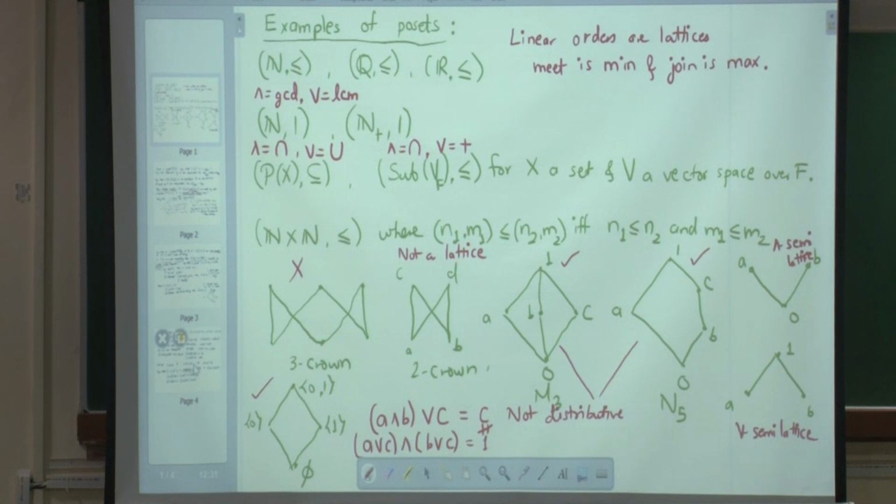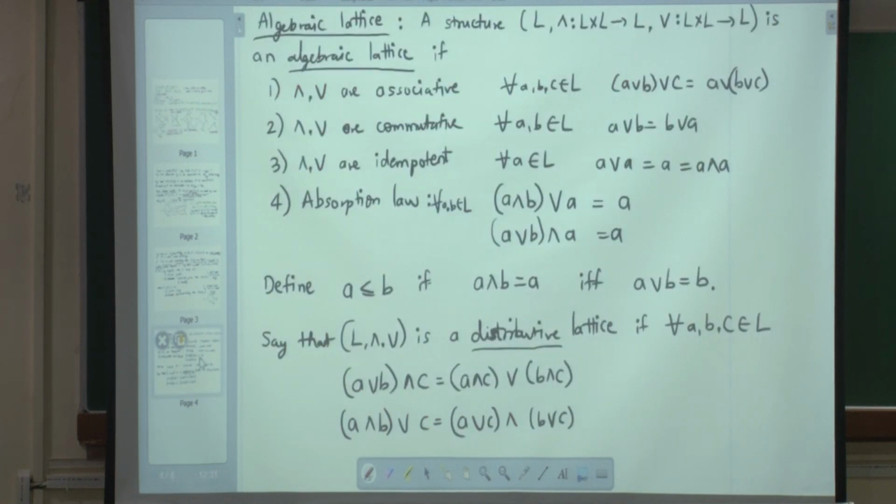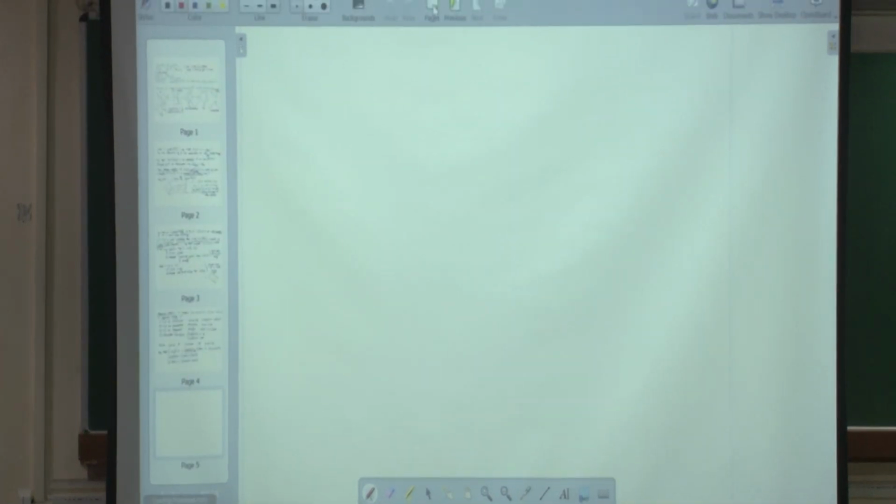And in fact, there is a characterization of distributive lattices in terms of M3 and N5. Before that I need just one more definition.